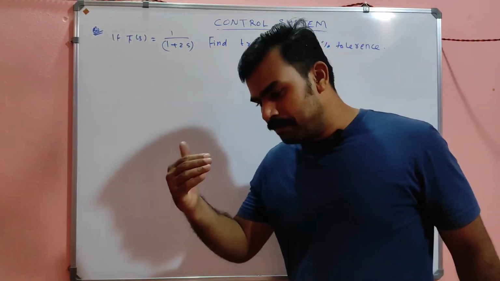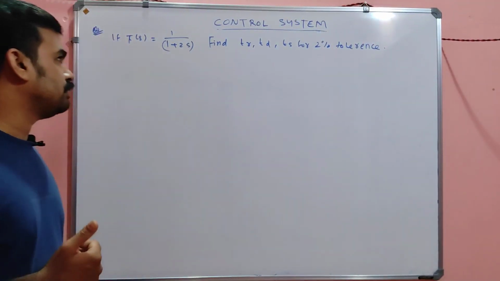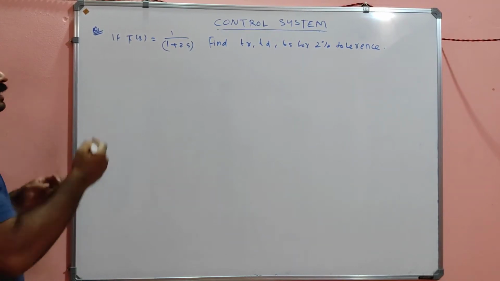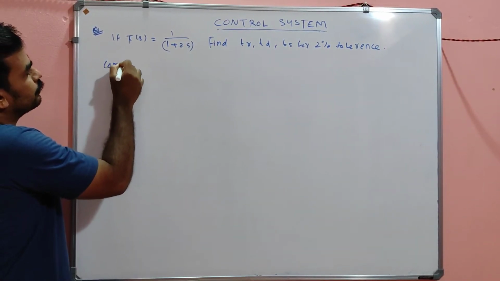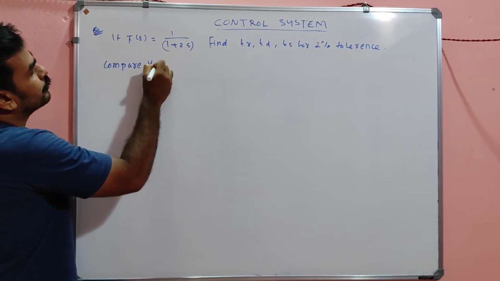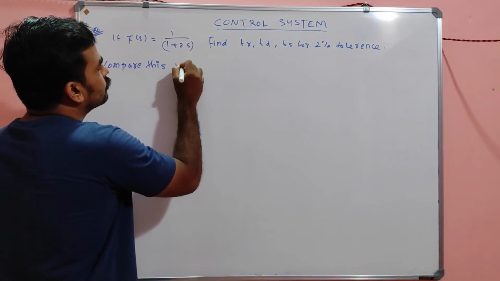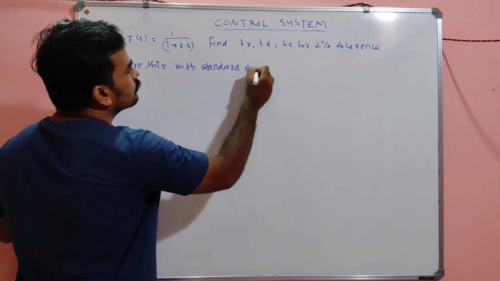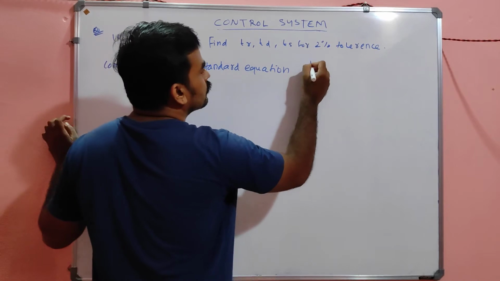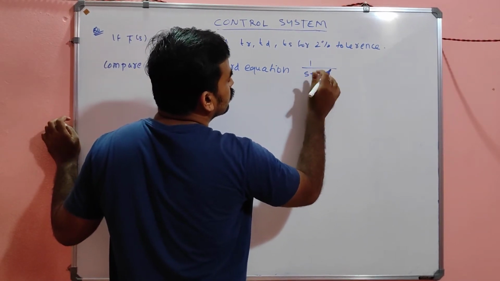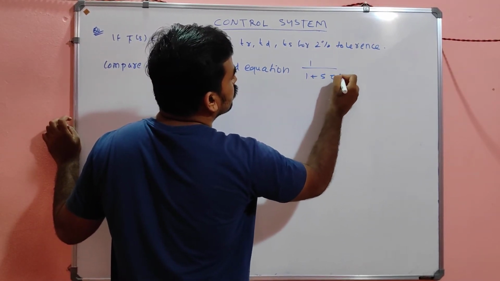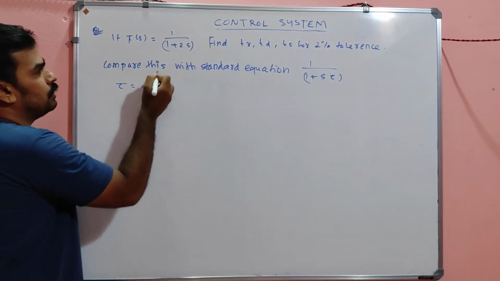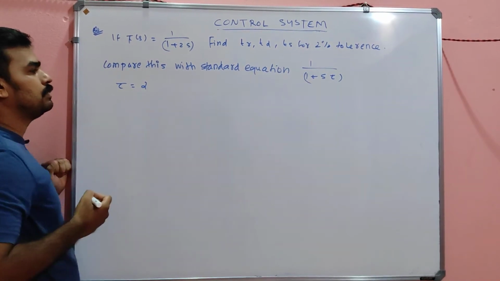So comparing it with the standard equation, tau will now be equal to 2.